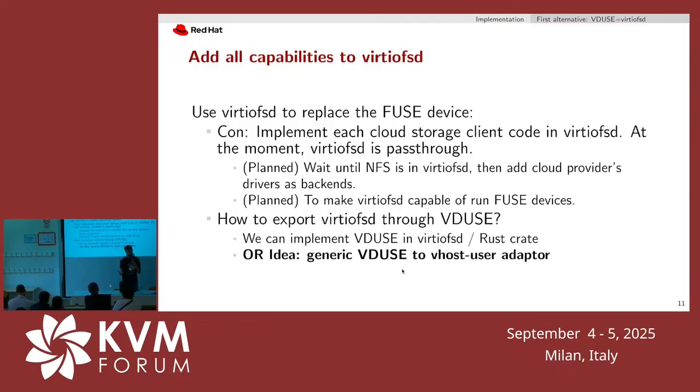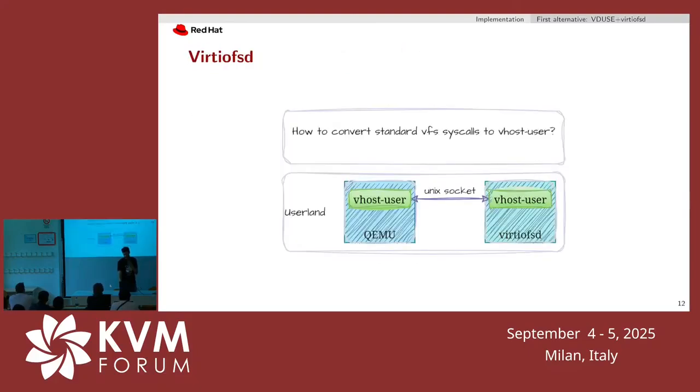To export it through vDUSE, we could also implement vDUSE in virtiofsd, which probably involves creating Rust crates for that, etc. Or another idea, to be a little bit more generic, is to use a bridge, a vDUSE to vhost-user adapter, which converts all the control plane from vDUSE, which uses syscalls or ioctls against a character device, to vhost-user, which, as Stefano mentioned, works through a Unix socket.